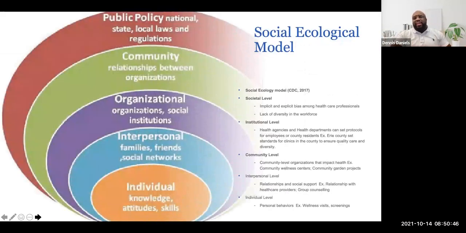Another framework that is used widely in public health and among many healthcare professionals to organize factors that contribute to health outcomes is the social ecological model. The social ecological model, also known as the socio-ecological model, helps us to better understand how we can challenge inequity on various levels of interaction.